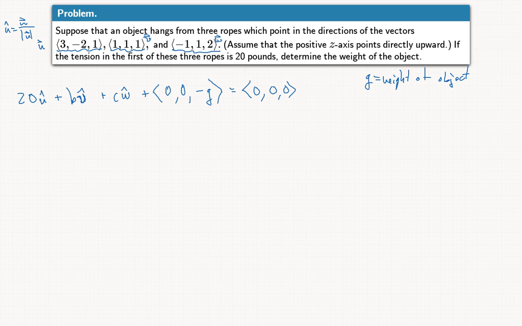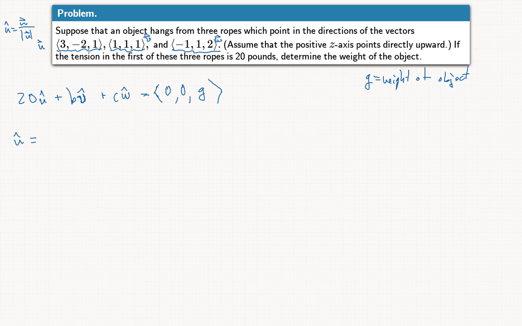Or we can rearrange this. So 20 u hat plus something in the direction of v plus something in the direction of w is equal to 0, 0, g. So let's start by just working out what those direction vectors are.